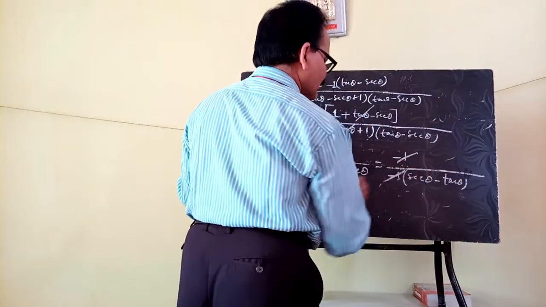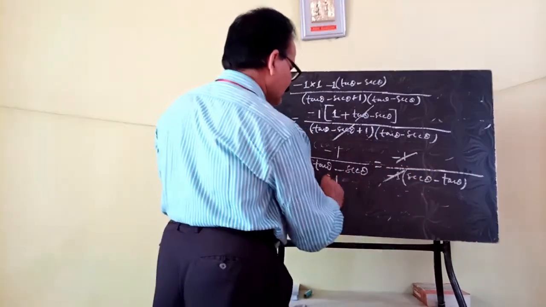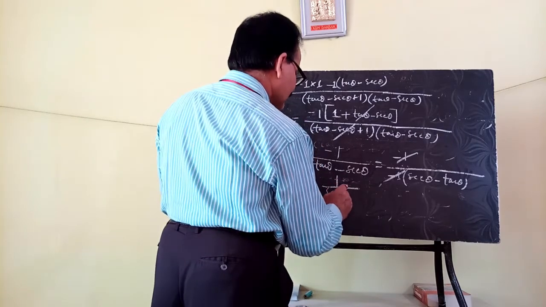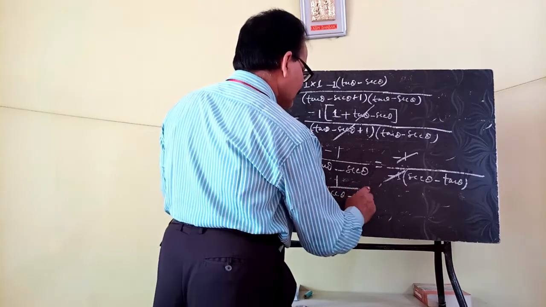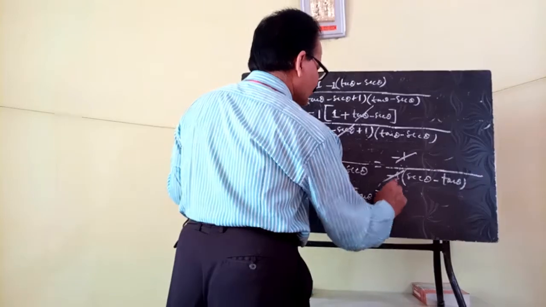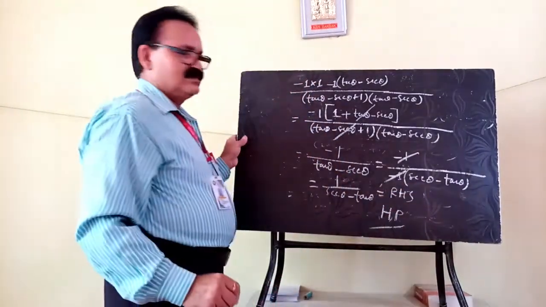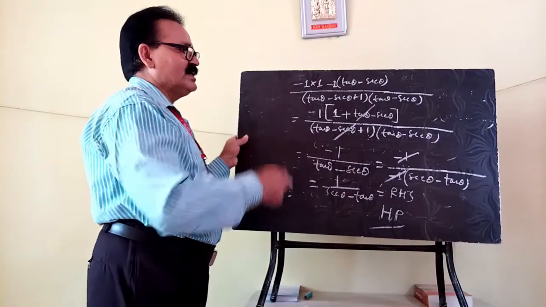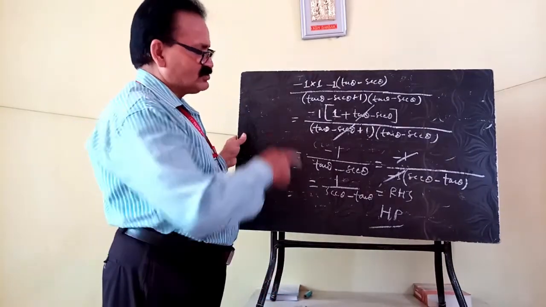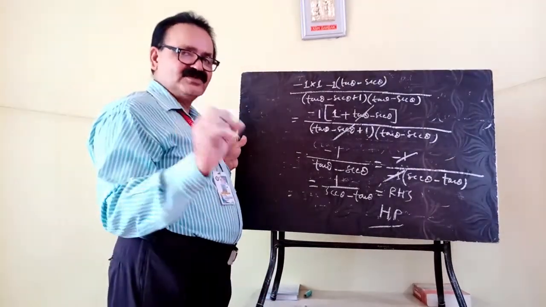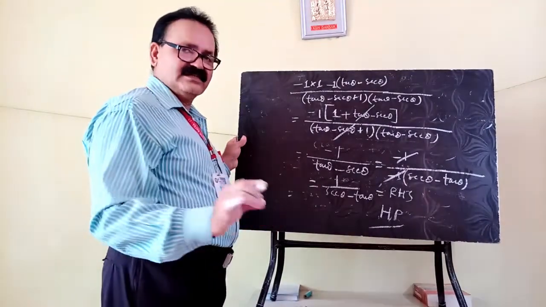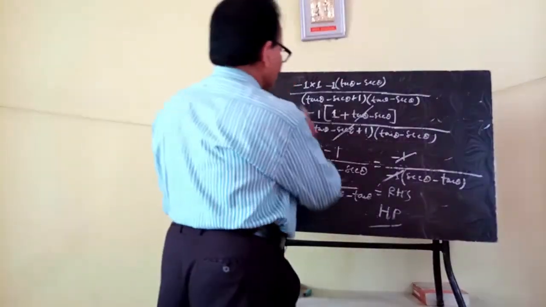Clear? Then minus 1 cancels. So this is your 1 by sec theta minus tan theta. That is your RHS, hence proved. So you see here that to solve such type of question you have to use the trick. Okay. Should I remove this for your next question?